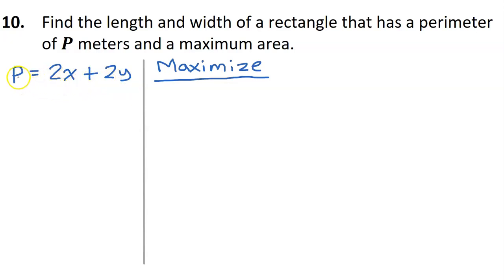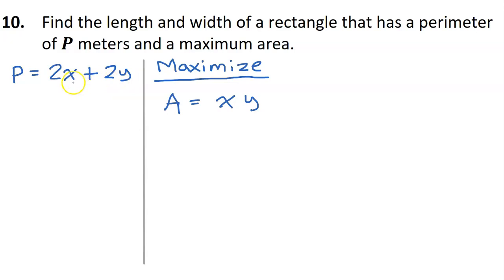We will treat p as a constant. We need to maximize the area, and the area of a rectangle is the product of the dimensions. So the area will be x times y. This is too many variables, so I want to do the same thing I did in problem number 9, and I want to get y by itself.